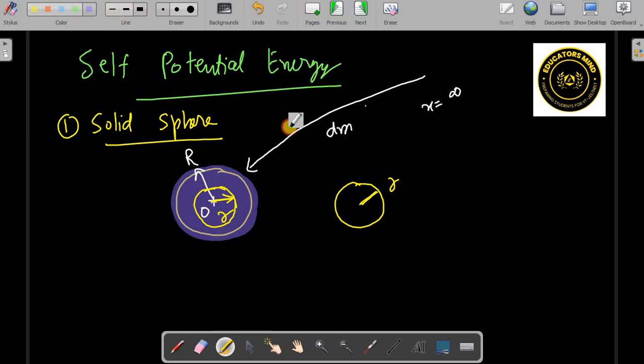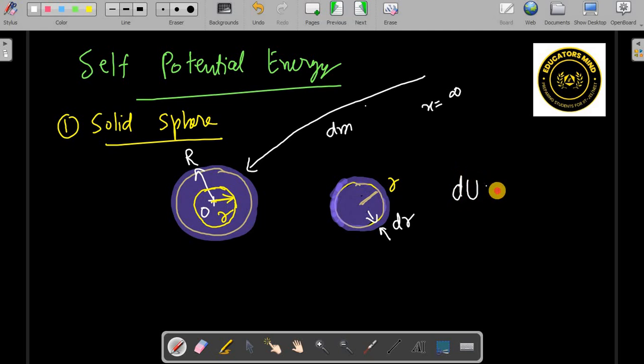You are bringing a mass and putting it on its surface. So what will be the work done? Already it is filled up to this small radius r, and now you are bringing a small mass dm and putting it over its surface. Because you are putting it over the surface, its radius is changing by dr. The work done in bringing this mass is the small change of potential energy.